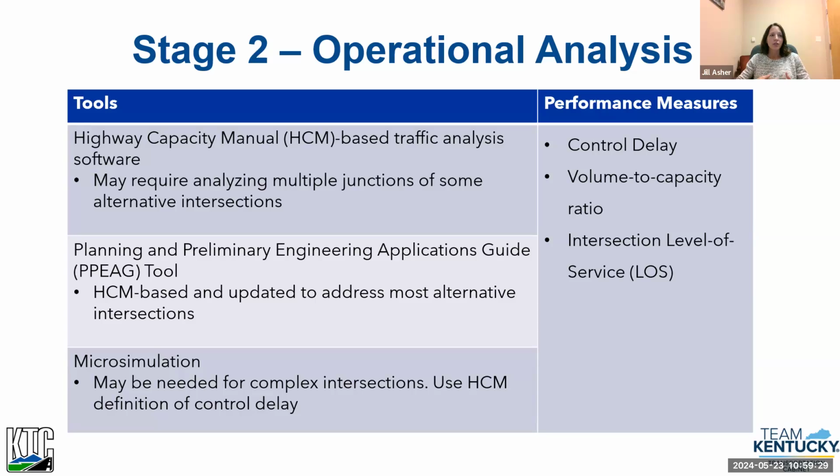There are some cases where you have really complex intersections, or intersections that are closely spaced, so they might impact each other, the traffic and the movements from those. In those cases, you might want to consider doing a micro simulation. KYTC has some micro simulation guidance on the Division of Planning website if you want to go look at that. But again, this operational analysis should be similar to what you would do in your regular process when you're looking at intersections.